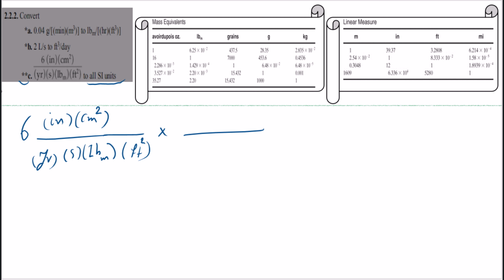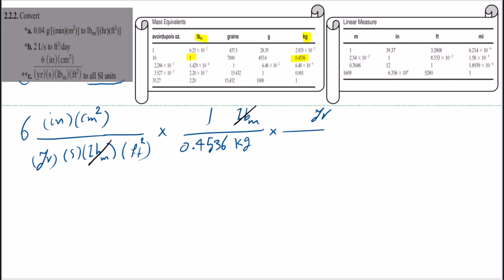Let's get a start with pound mass. Write pound mass here and here kilogram, and then we can use this: 1 pound mass to kilogram is 0.4536.